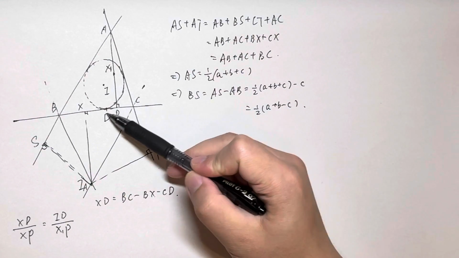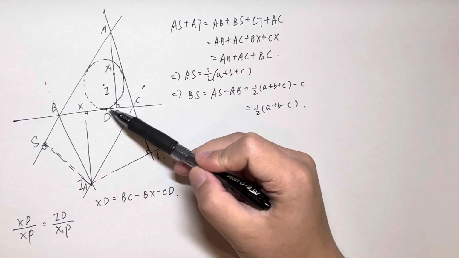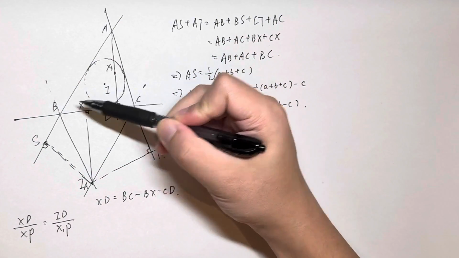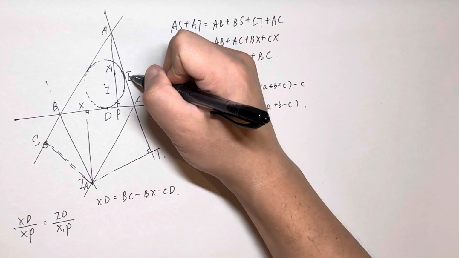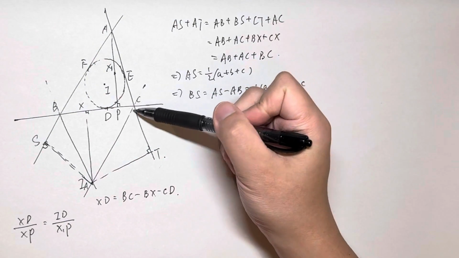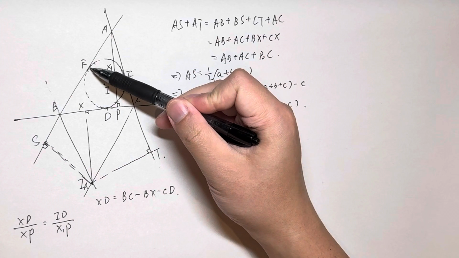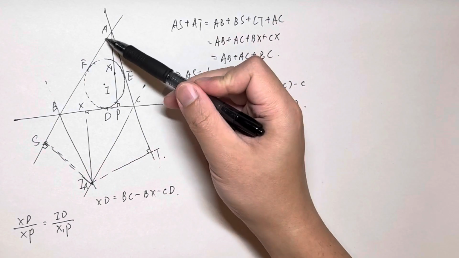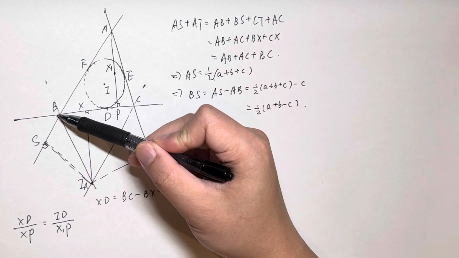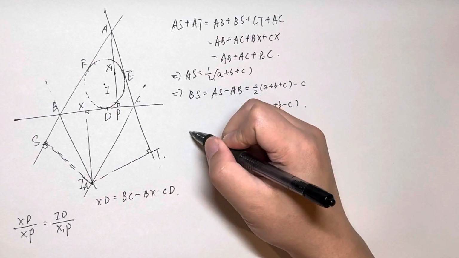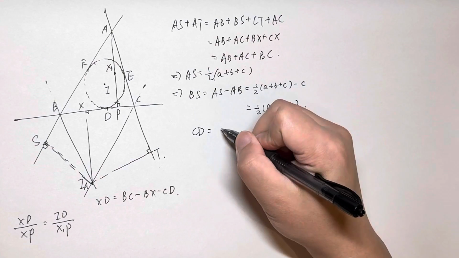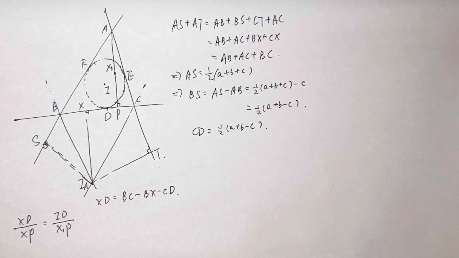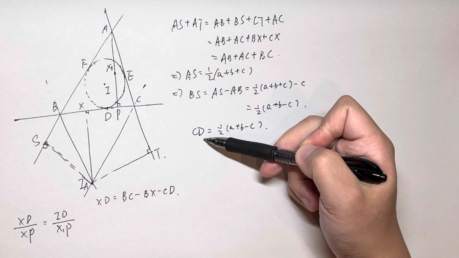And for CD, let's call this one E, this one F. We know that CD plus BF plus AF equals half of a plus b plus c, and AF plus BF is c. So that means CD equals half of a plus b minus c. Then we know that BS equals CD.